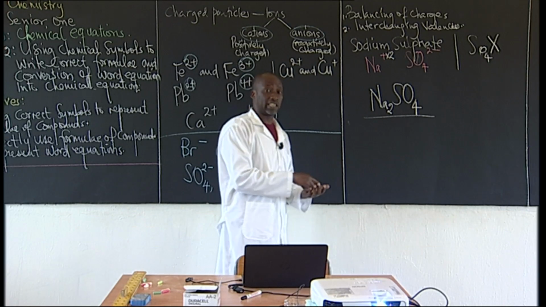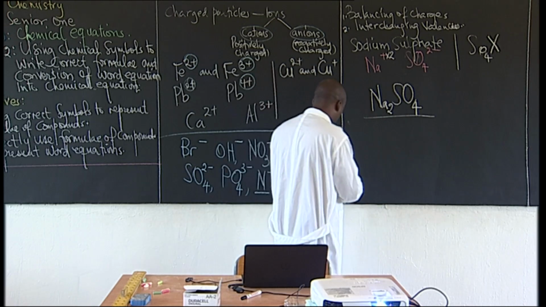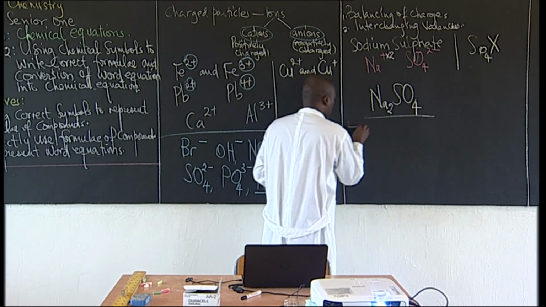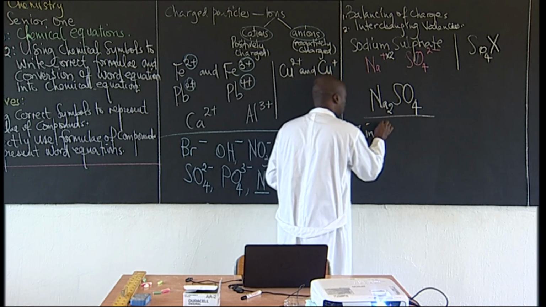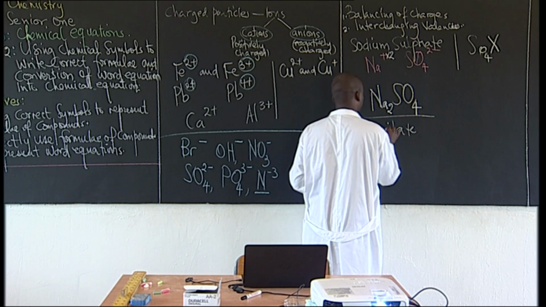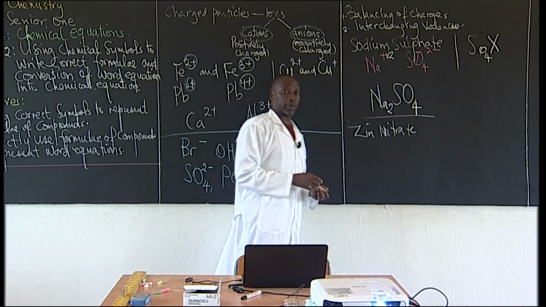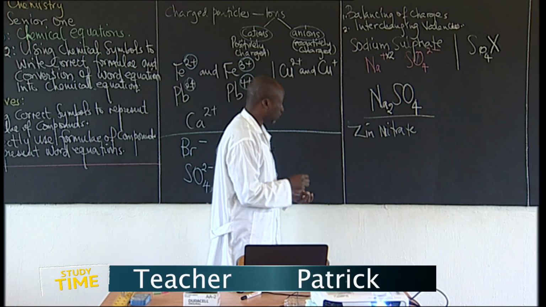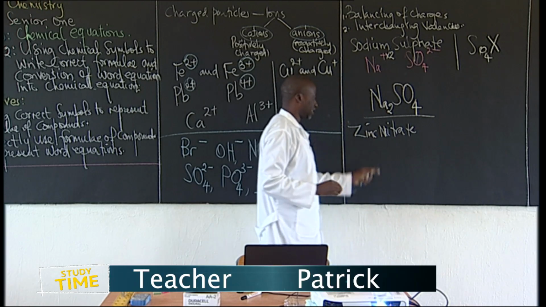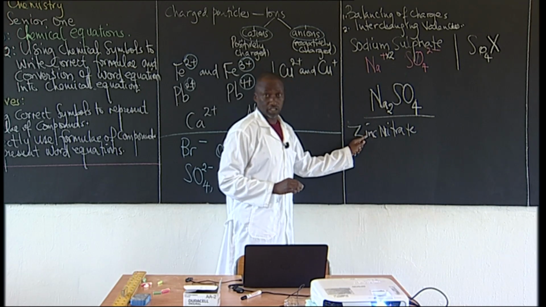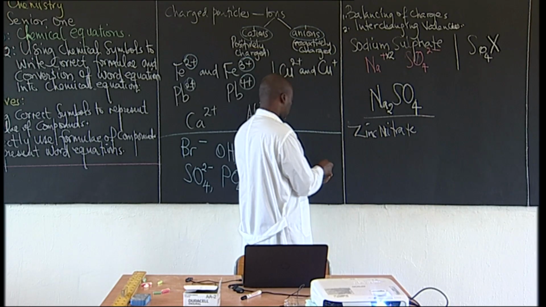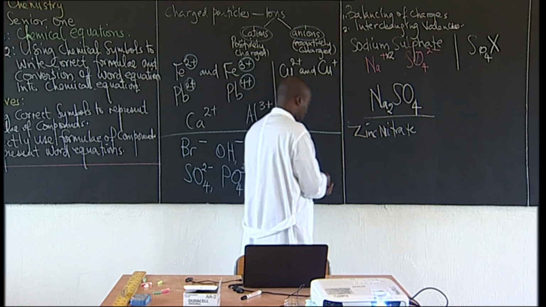Let me give another example. Maybe you have zinc nitrate. Zinc nitrate is represented by, you need to know the formula for the zinc. Zinc is not zin, this was zinc. I'm sure you have seen this one. So what is the formula that represents zinc?